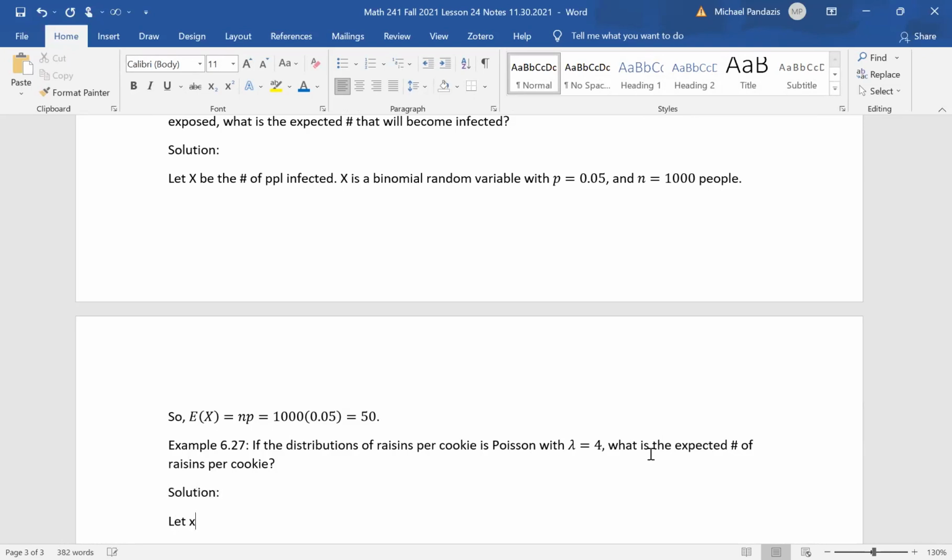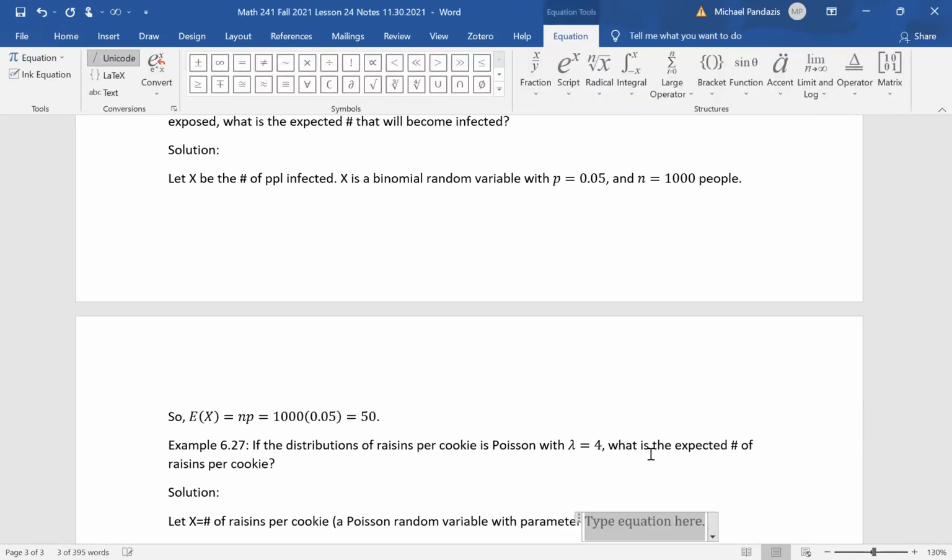Okay. We're going to let X equal the number of raisins per cookie. Okay, and this is a Poisson random variable with parameter lambda equals 4.